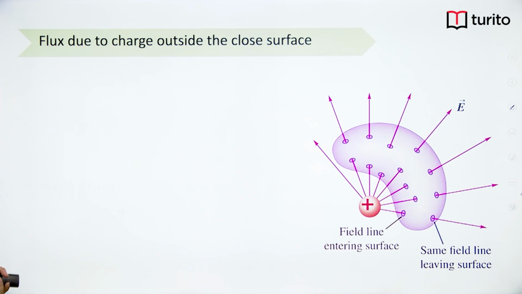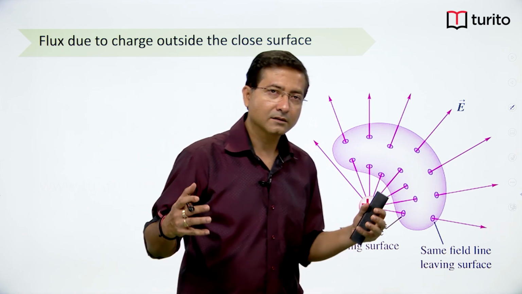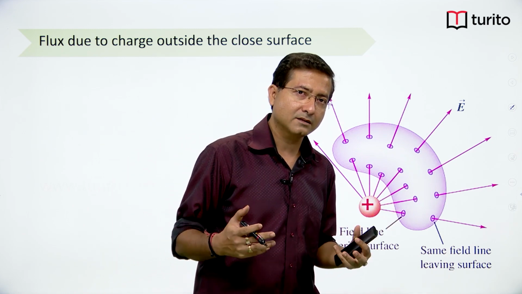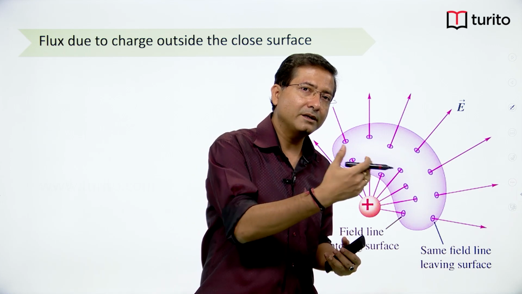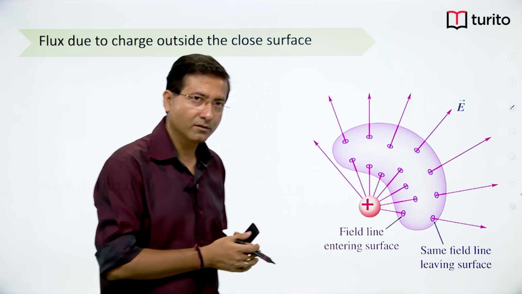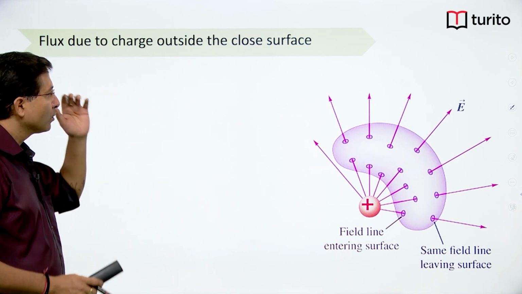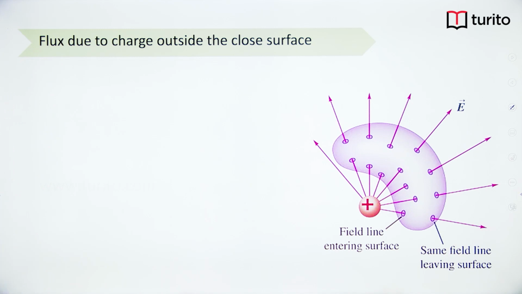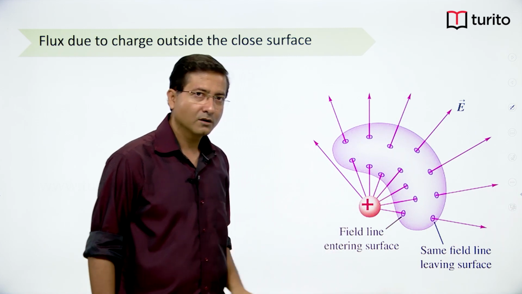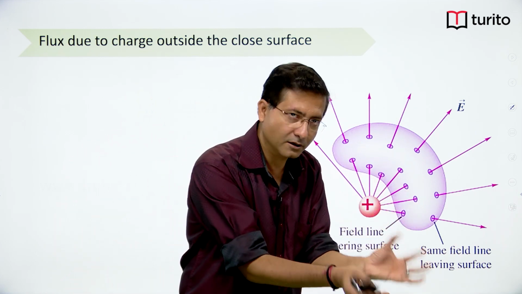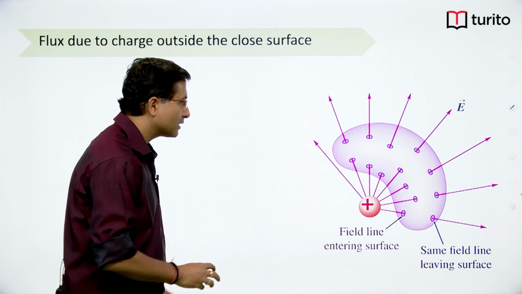Now, before getting into Gauss law, let us consider some cases so that it becomes very obvious what will be there in Gauss law and your understanding will be clearer. So, if I place a charge outside a closed surface like in this situation, visualize an imaginary closed surface and the charge is kept outside.